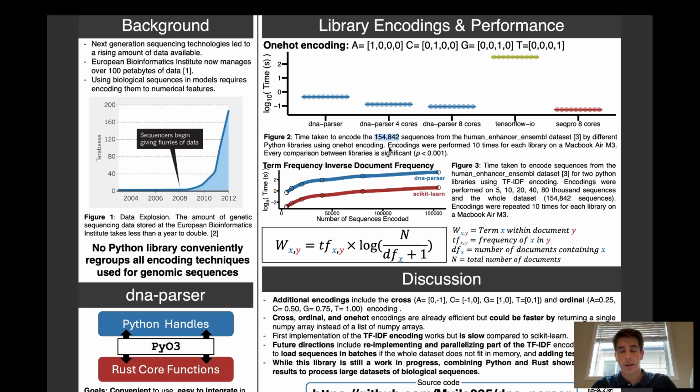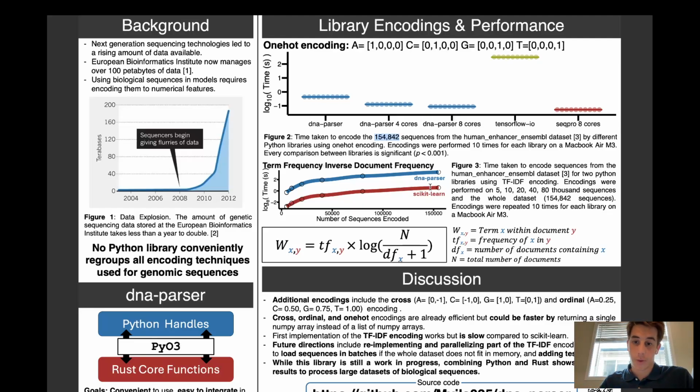As a second encoding, I also wanted to implement a term frequency inverse document frequency, which is an encoding that is usually used in natural language processing, where the idea is that if you have multiple sentences, you can represent each sentence by the frequency of the words that compose it, compared to how rare each word is across all the sentences.